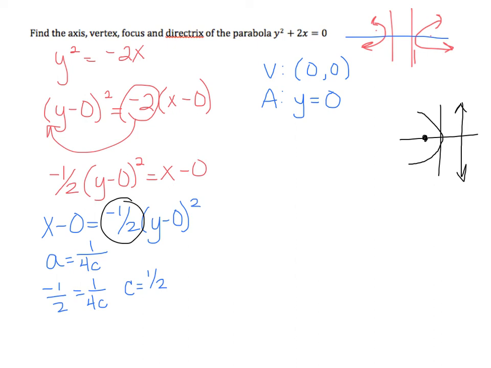So from 0, 0 over a 1/2 unit, that's going to be a 1/2 unit in the x direction, so it's -1/2, 0, and then the directrix will be a 1/2 unit over here. And because it's a vertical line, I use x equals positive 1/2.